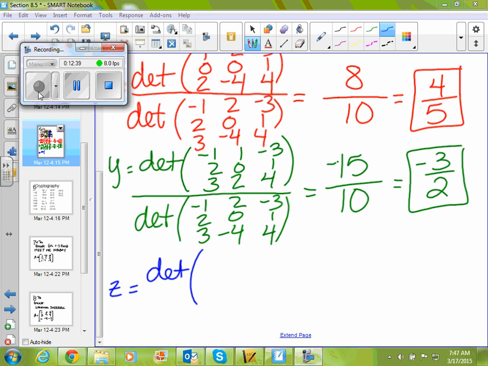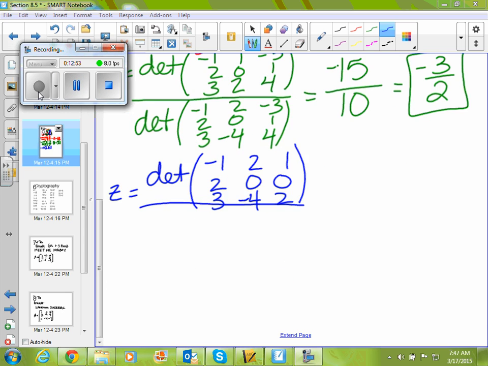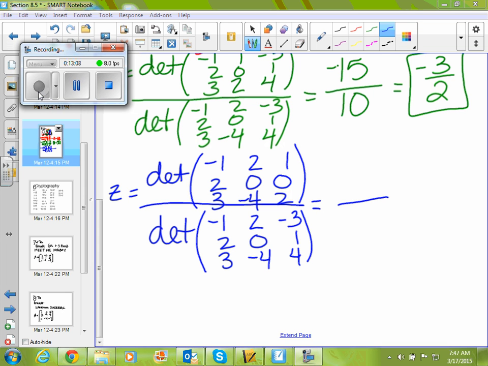So that matrix becomes -1, 2, 1, 2, 0, 0, 3, -4, 2, divided by the determinant of my coefficient matrix. And we know the determinant of my coefficient matrix is 10.